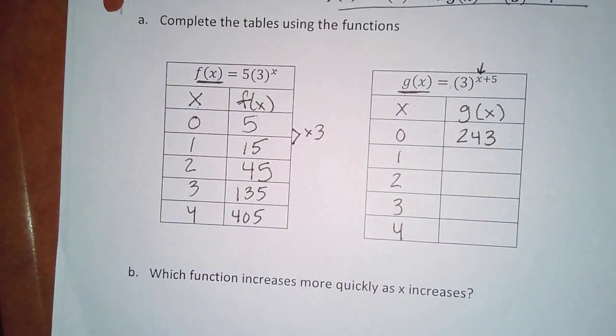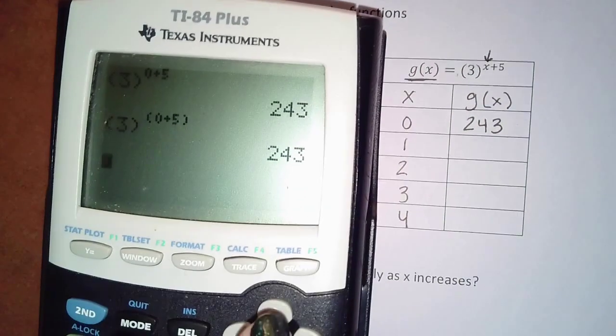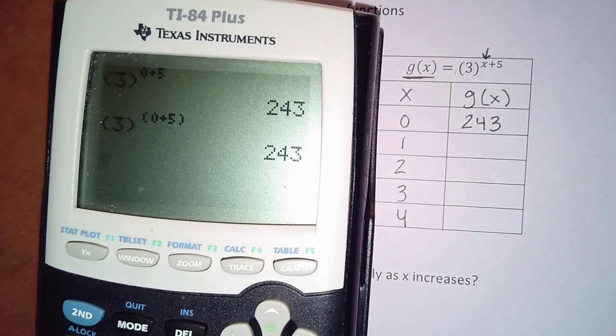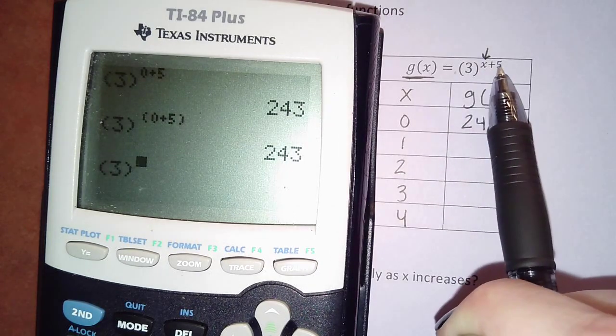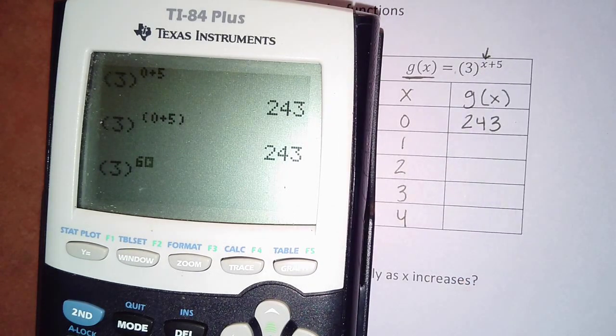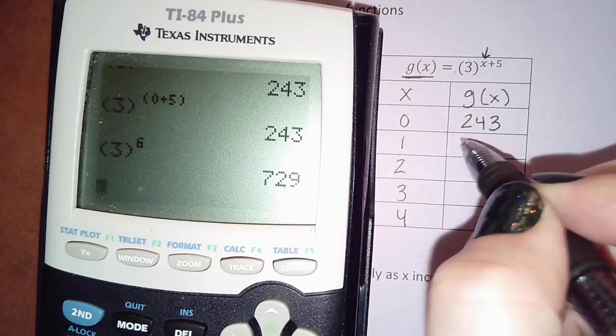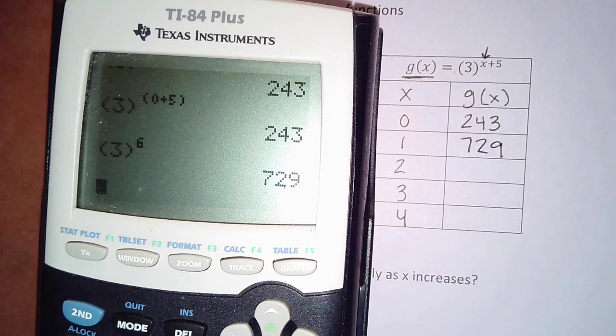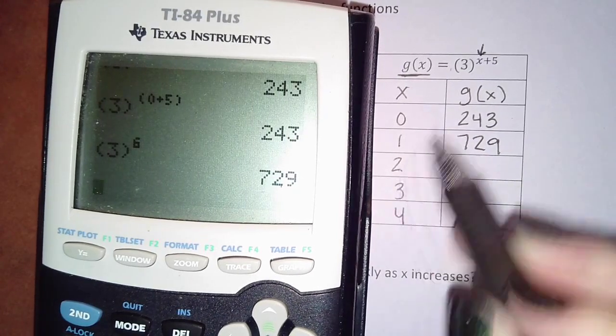Okay, so now when I plug in, just add it in your head for right now. So parentheses 3, close parentheses, to the power of, what is 1 plus 5? 6. Enter. 729. Now for 2, plug in 2.